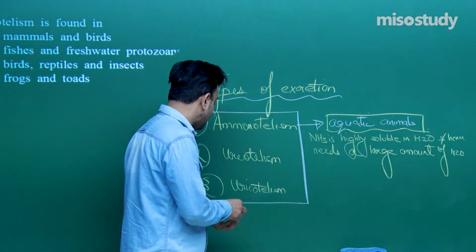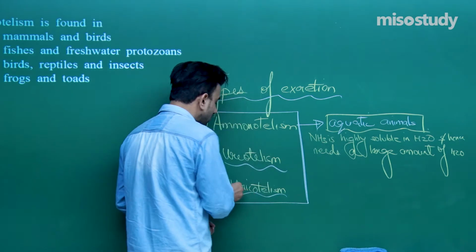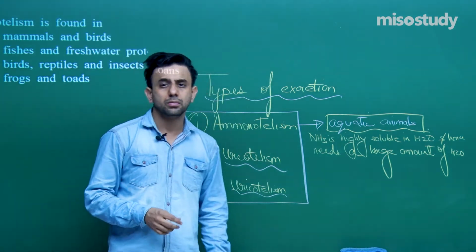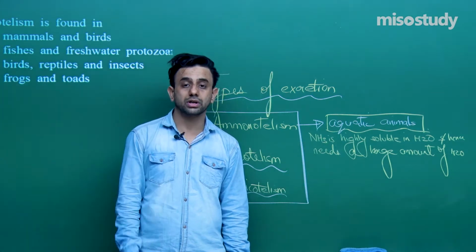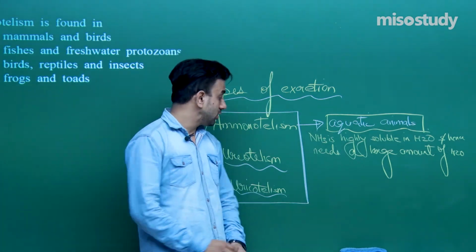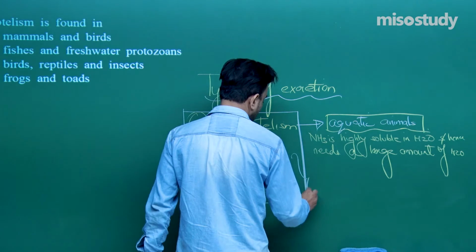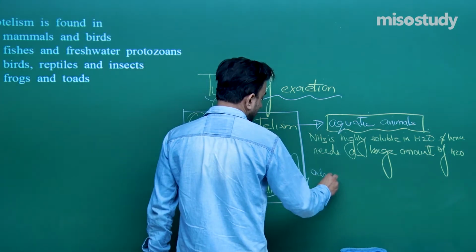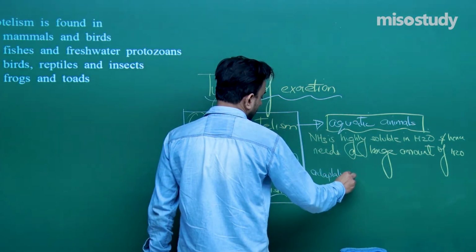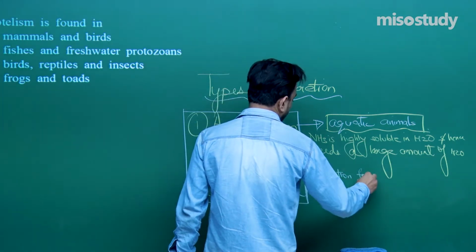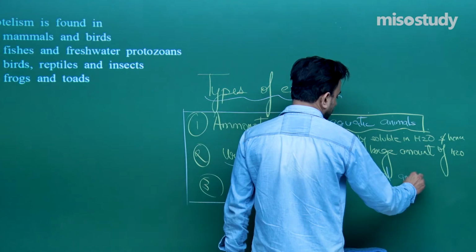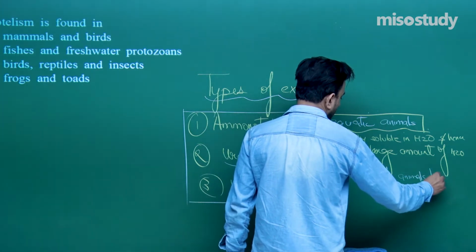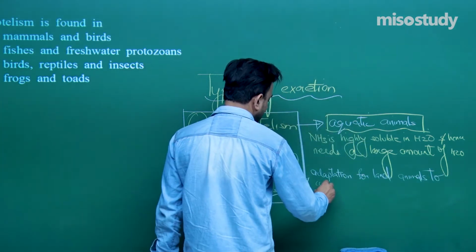Now ureotelism and uricotelism, this was the adaptation for the land animals, because the land animals do not live in water, they cannot afford to waste so much water for excretion. Okay, so this we can say is an adaptation for land animals to conserve water.